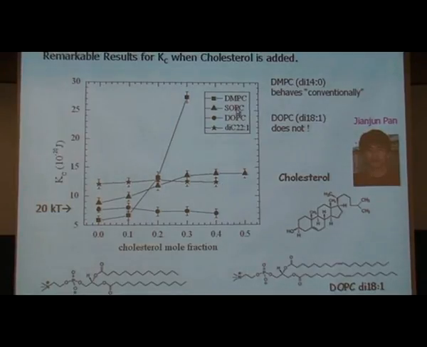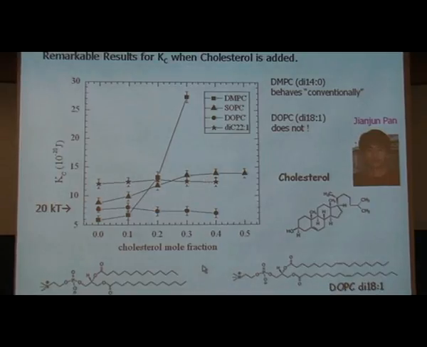But if I look at one that's in between, SOPC, which I didn't tell you about before, it has 18:0 and 18:1 for the chains, and it increases as I add cholesterol, but not as much as the DMPC, which really increases a lot, though certainly more than the ones with both chains unsaturated.